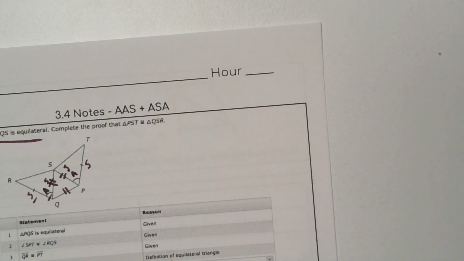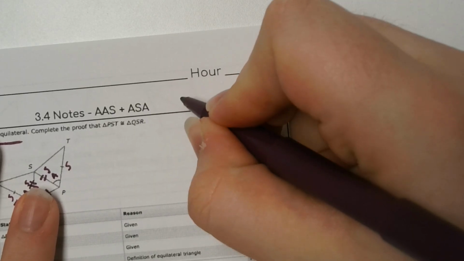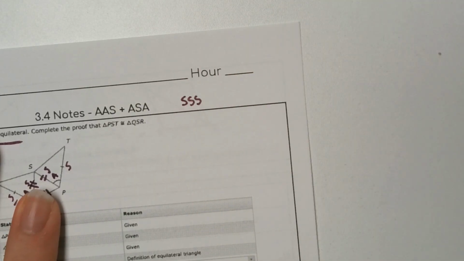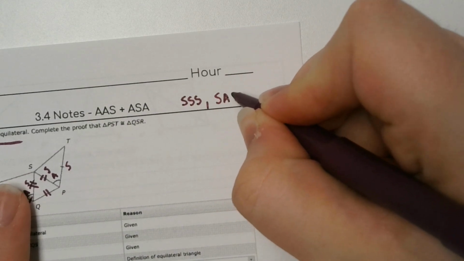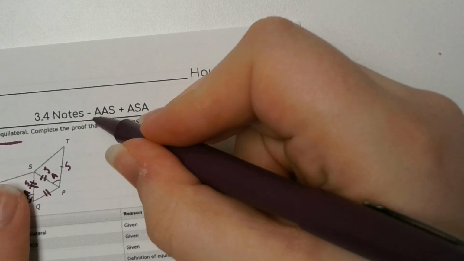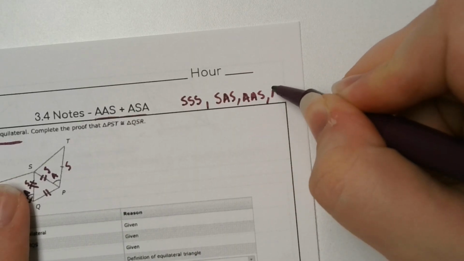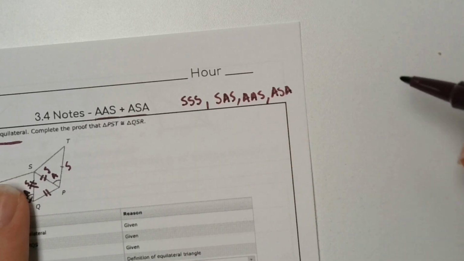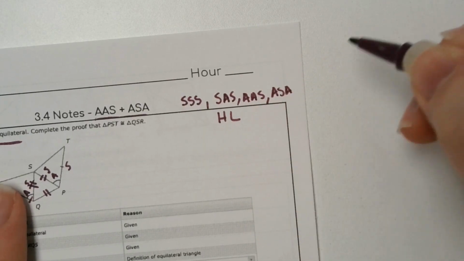So in total, all the possibilities: we have SSS from the very start, then we had SAS, and then we have these two, AAS and ASA. And then our exception to the ASS rule, which is HL.